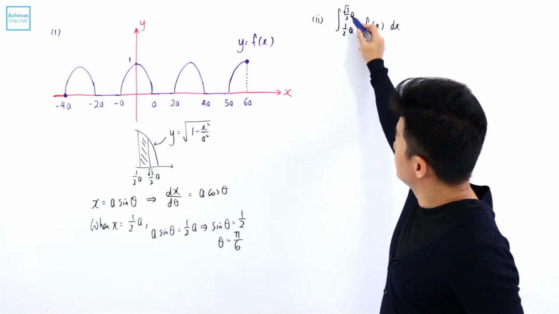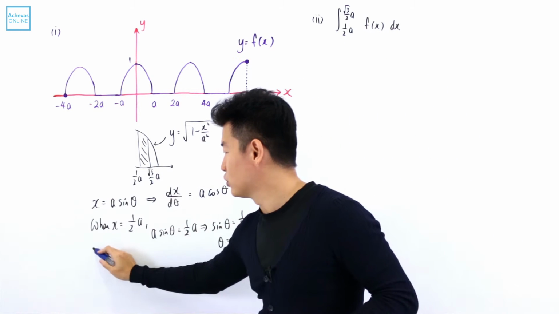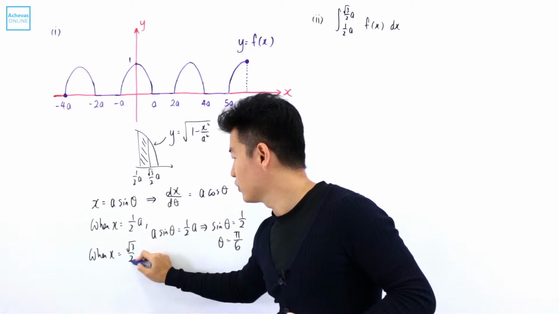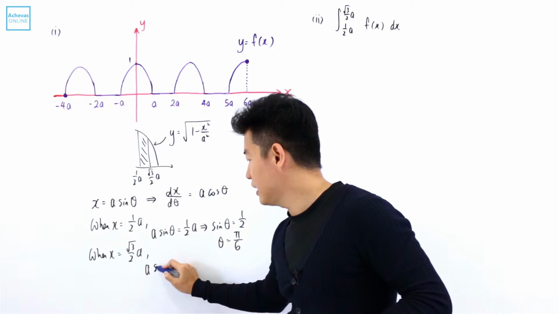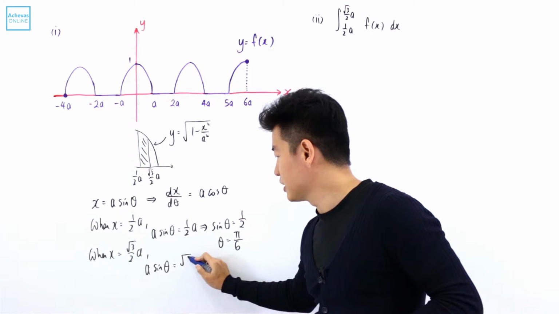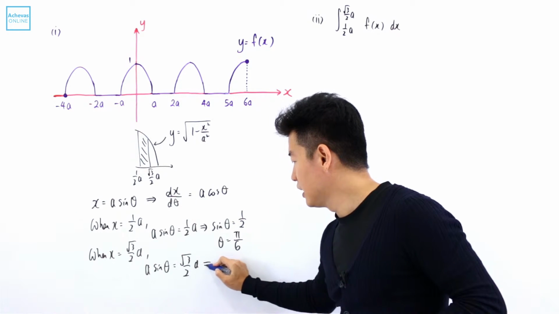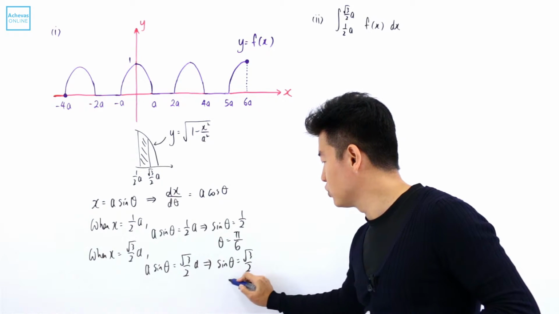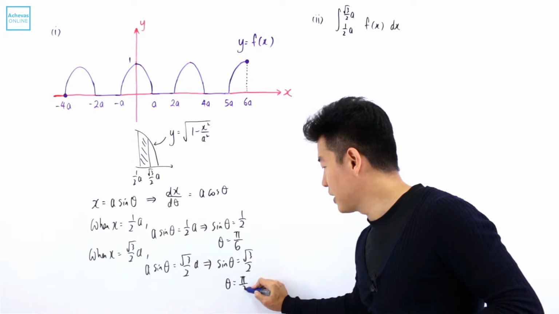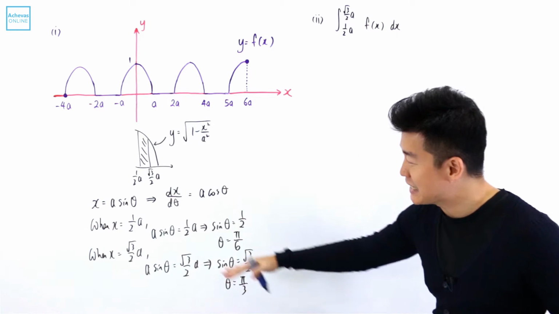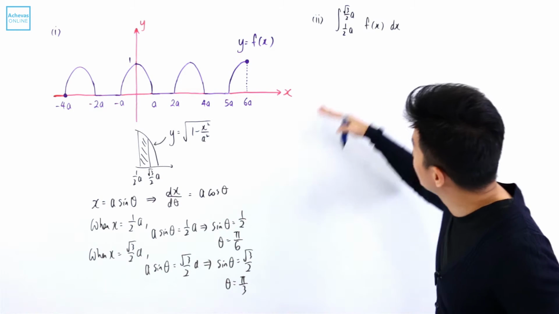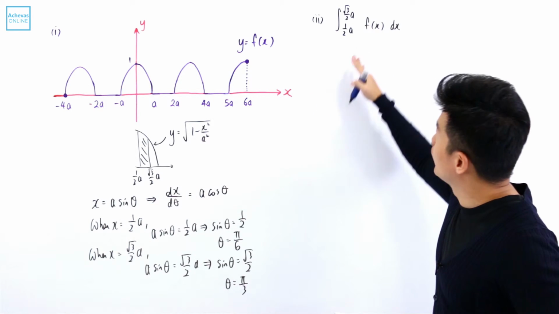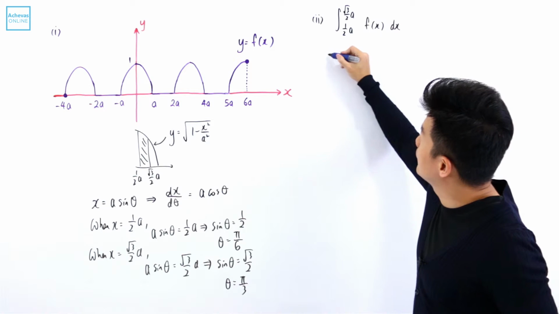Whereas for this, I'm going to let x be equal to square root 3 over 2 a. So a sine theta is square root 3 over 2 a. This tells me that sine theta is square root 3 over 2, so theta is going to be pi over 3. And this gives me all the information needed to use a substitution of x equals a sine theta to solve for this integral.